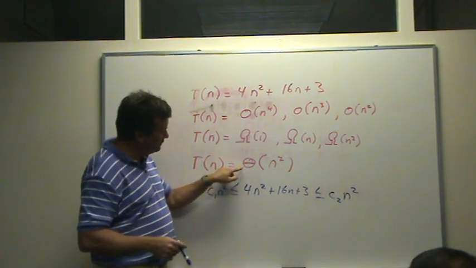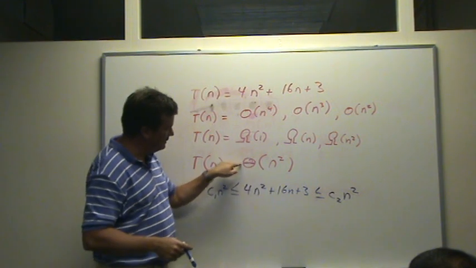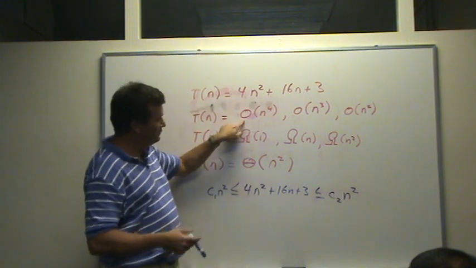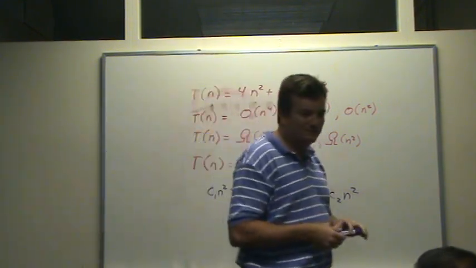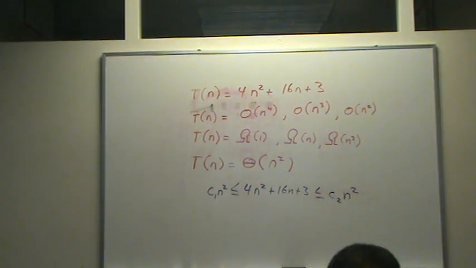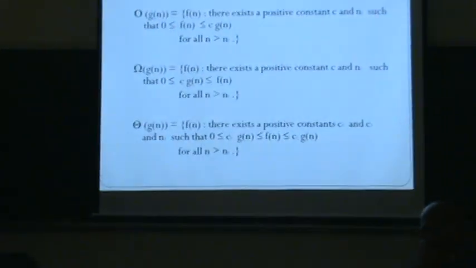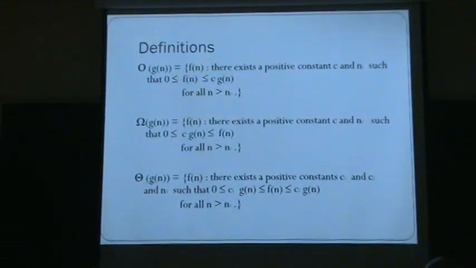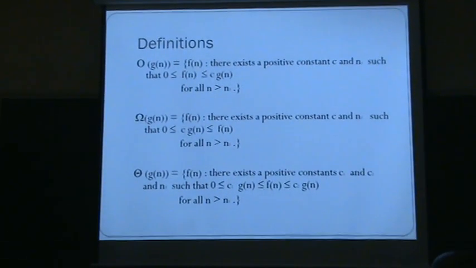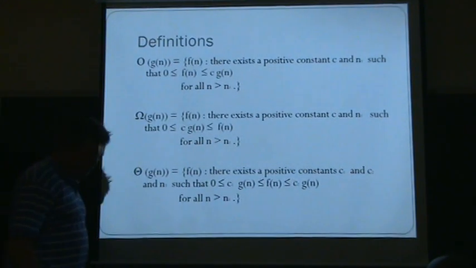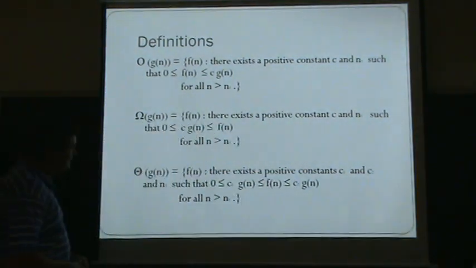And a lot of textbooks will describe algorithms with this symbol, and a lot of them just go with the traditional big O symbol. But obviously, of all the things we could give as an answer, we'd like to use the one that says this is the best way to describe the algorithm. Okay.